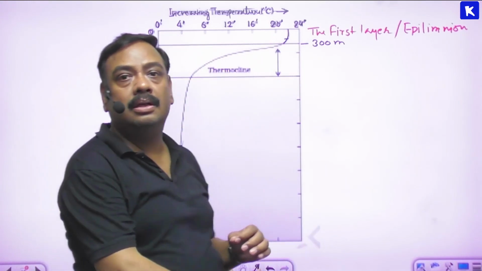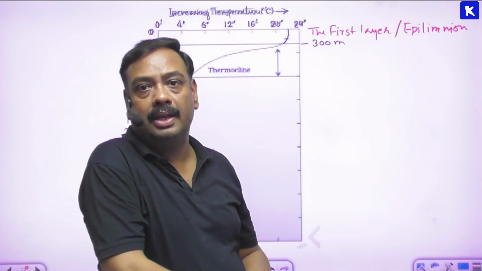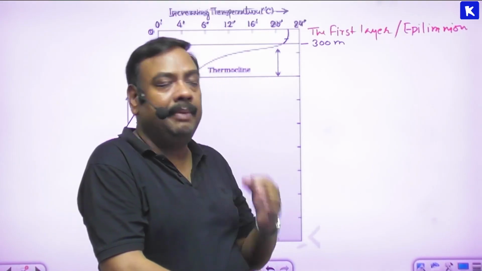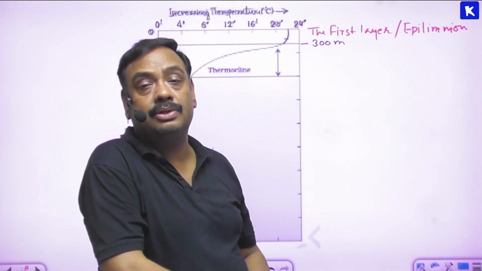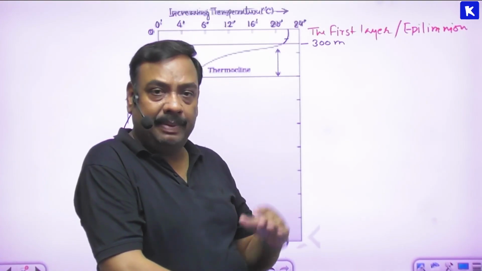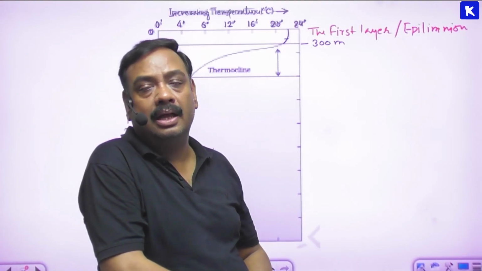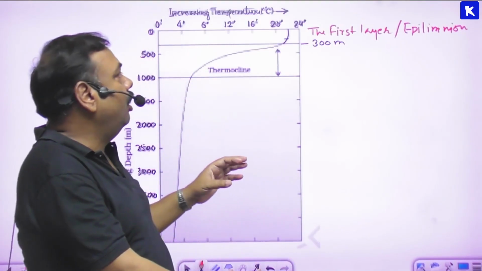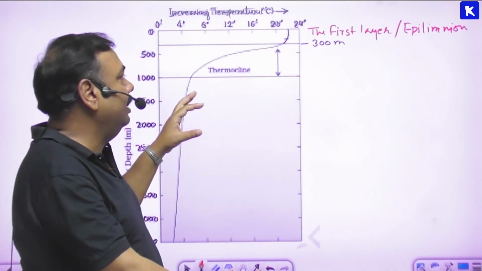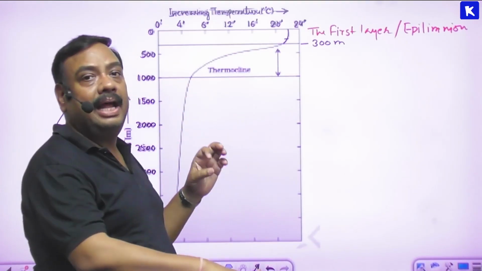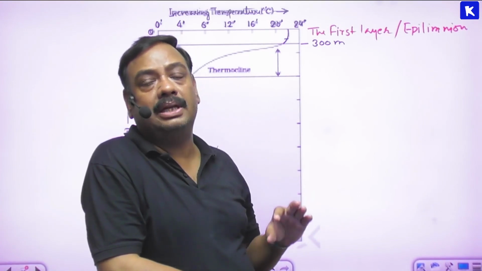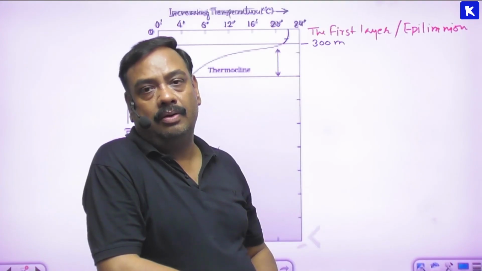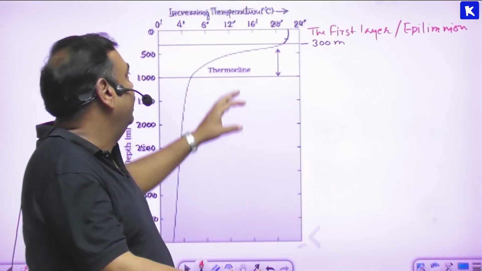Epi means the outermost part. If you remember, we came across the terms epicenter and hypocenter. Epicenter is found at the surface of the earth and hypocenter is found below the surface, right? So epilimnion is the first layer, and the characteristic of this layer is that the decreasing trend of temperature takes place here at a very slow rate.